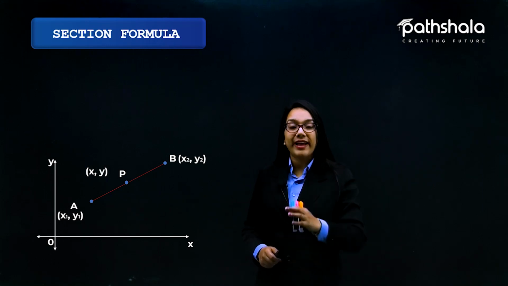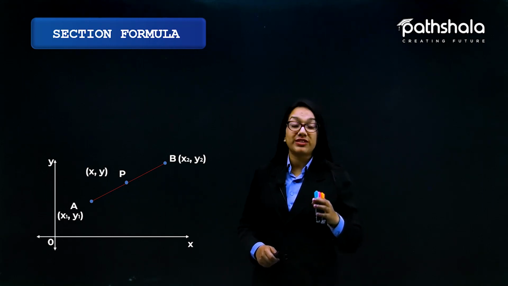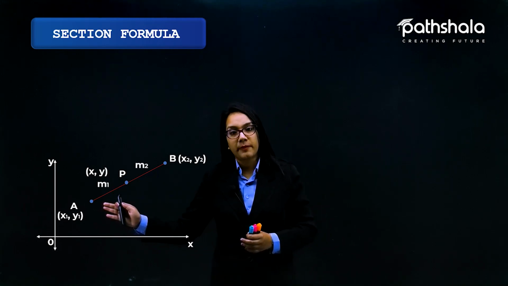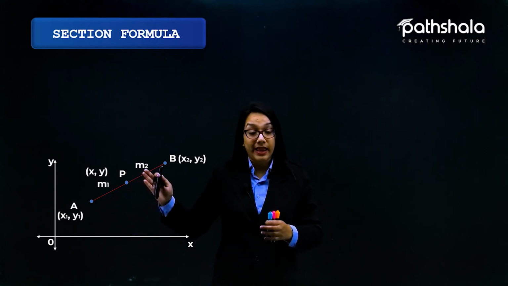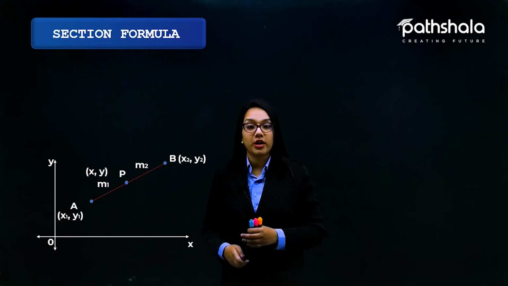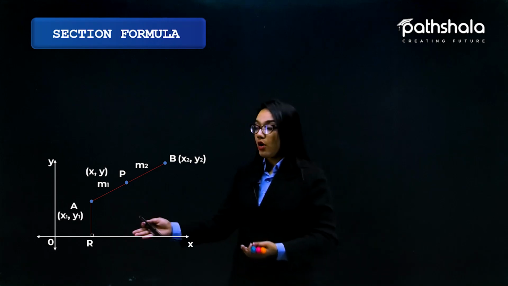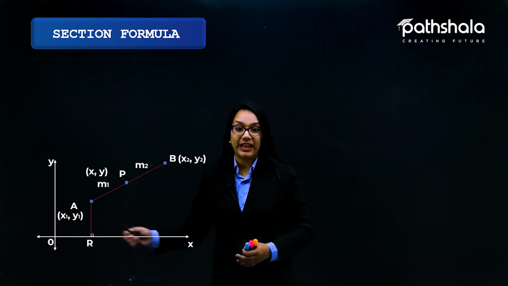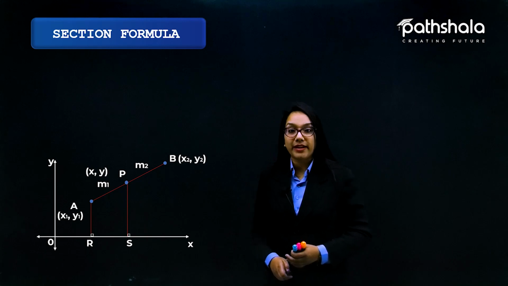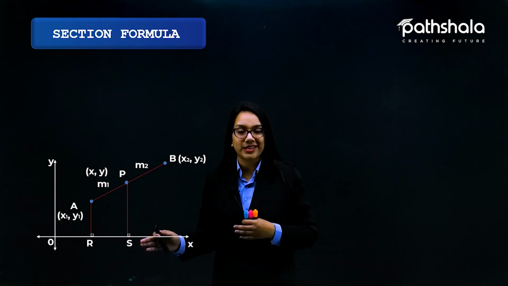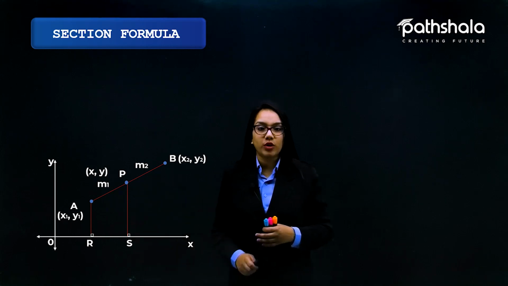So in order to find the coordinates of P, we have to do some construction. Taking the ratio as M1 and M2, I draw a perpendicular from the point A on the x-axis, which is AR. Further I take a perpendicular from the point P on the x-axis, that is PS perpendicular to the x-axis.